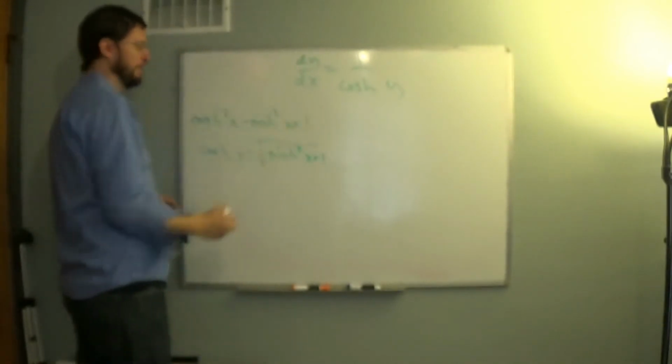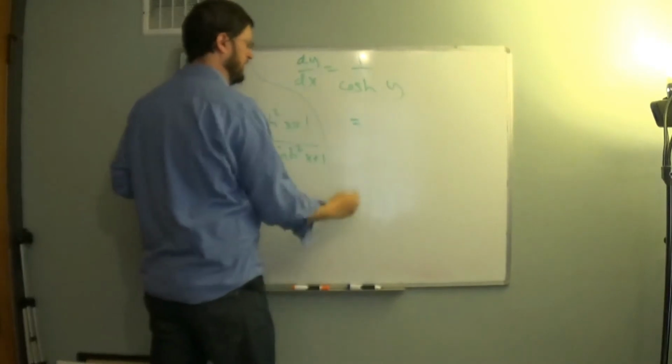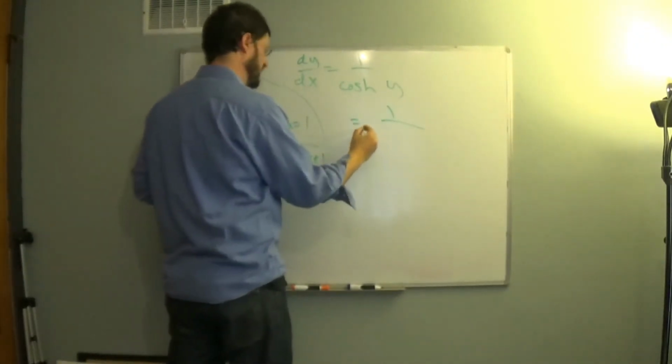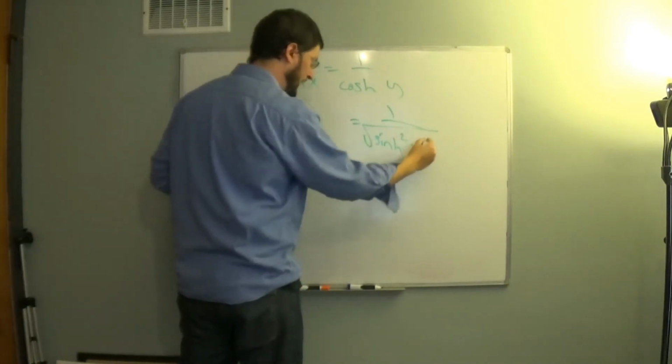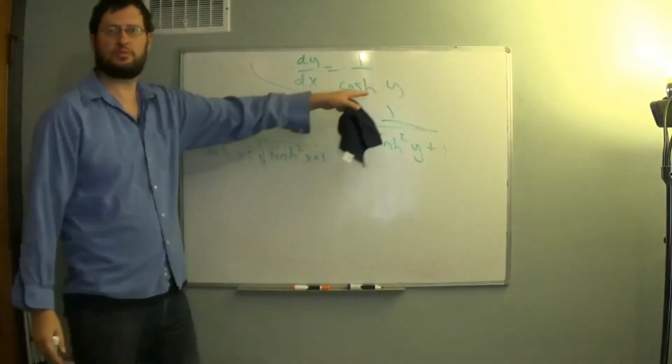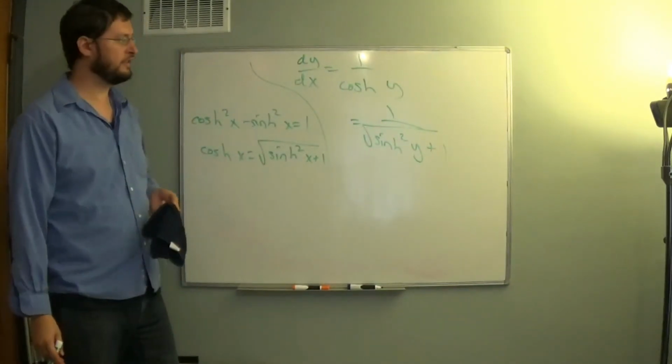So if I plug that back in up here, that becomes 1 over the square root of sinh squared y plus 1, not x, because we're using y here. So the formula holds with y in place of x.